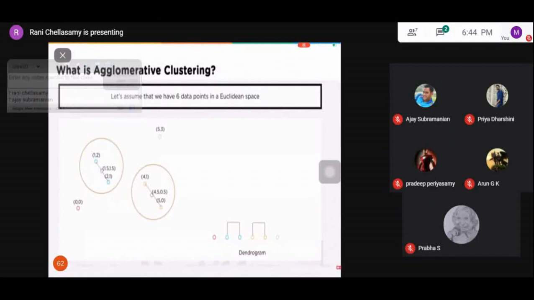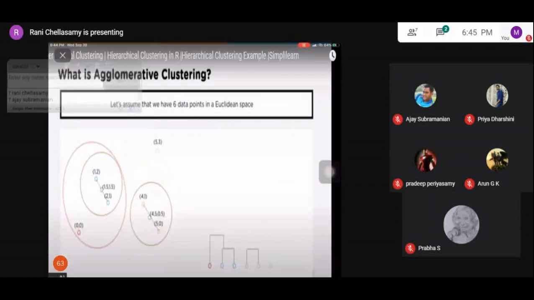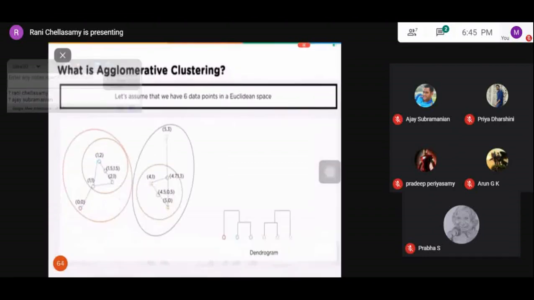The other point nearest to that first cluster is 0, 0. Then among the first centroid 1.5, 1.5 and 0, 0, you can form a new centroid that is 1, 1. Likewise, with this cluster you can find 5.5, 3.